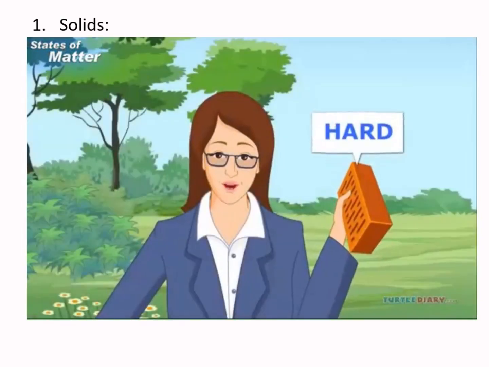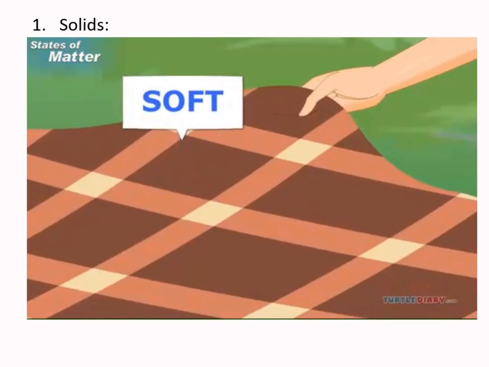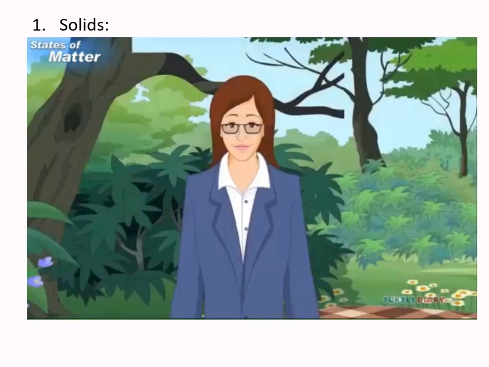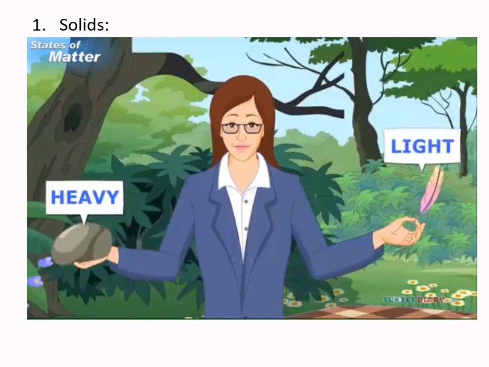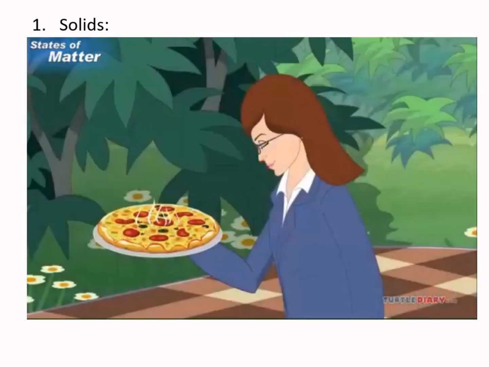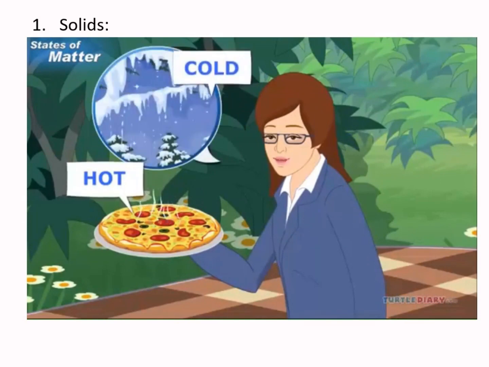They can be hard like a block or soft like a blanket. They can be heavy like a boulder or light like a feather. They can be hot like a pizza or cold like an icicle.